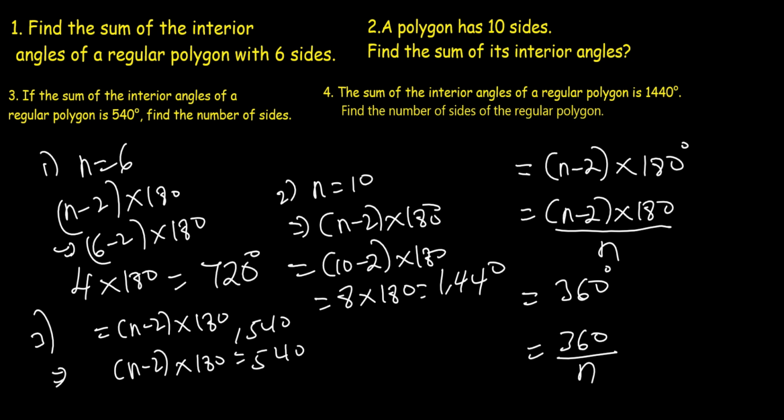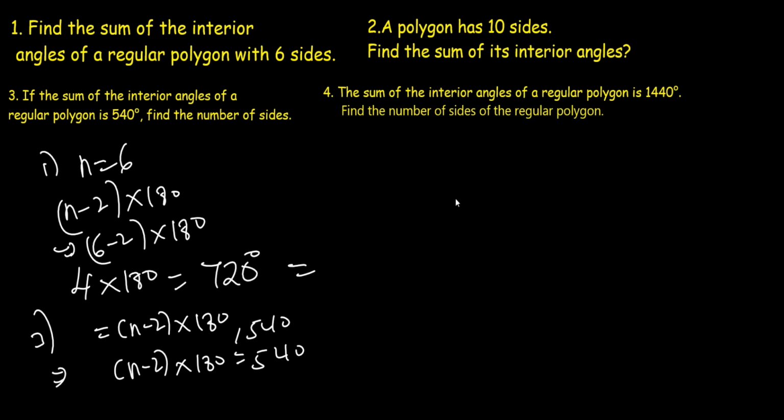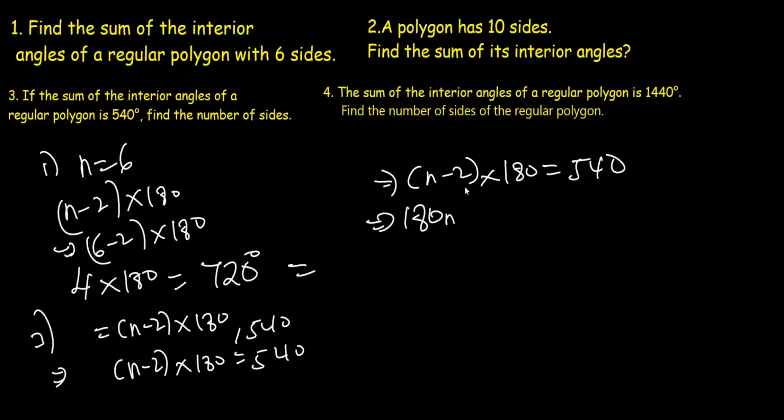Now let me clear this space. So n minus 2 times 180 is equal to 540 degrees. Now let's expand the bracket: n times 180 is 180n, and 2 times 180 is 360, which is equal to 540.